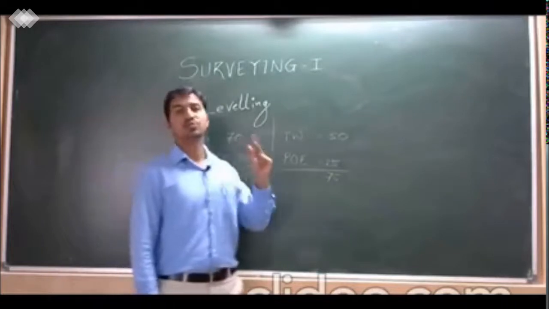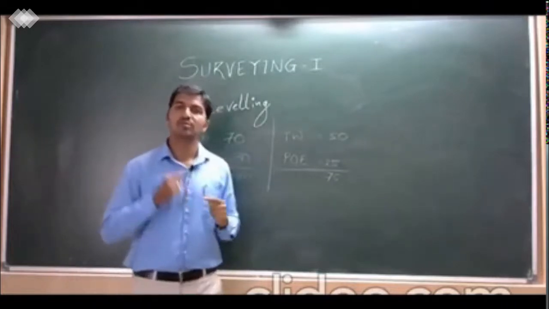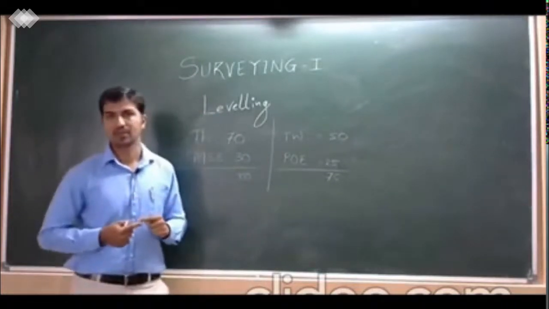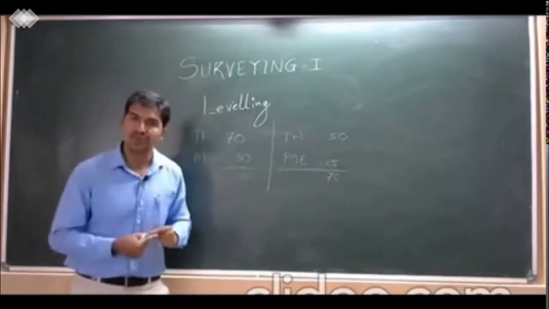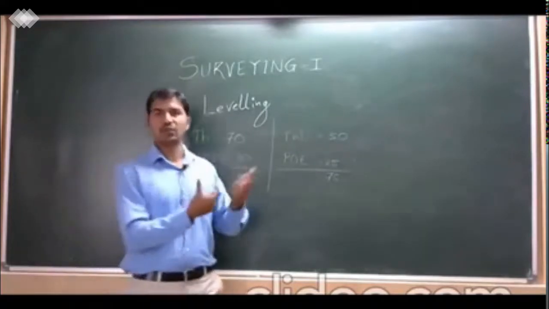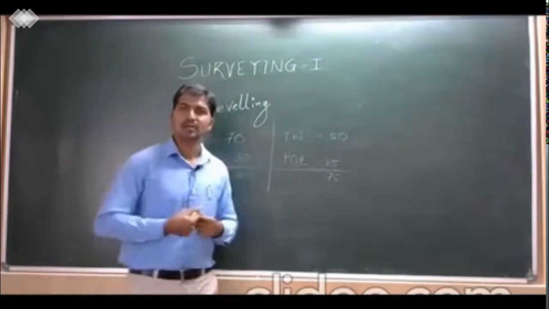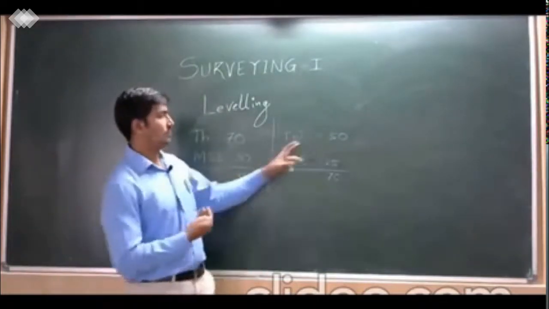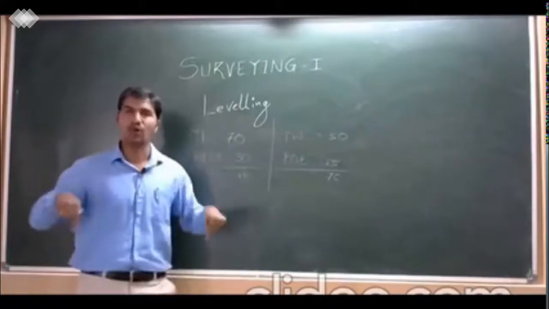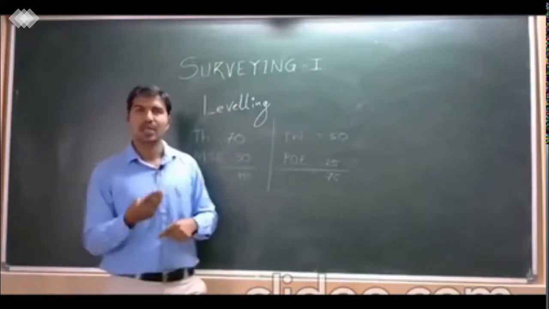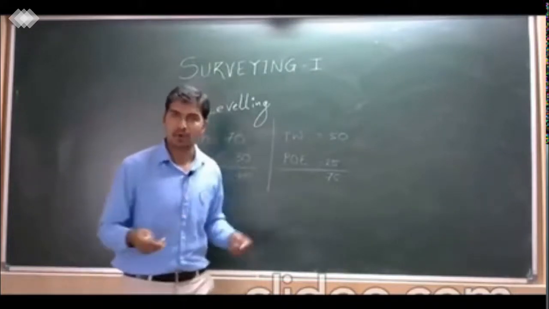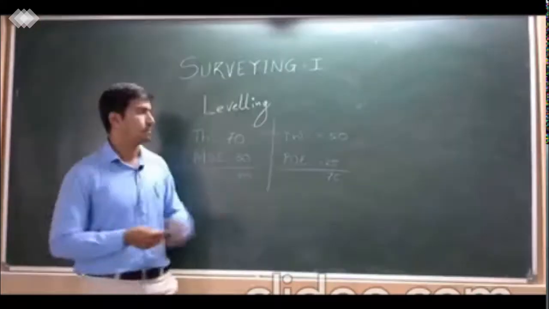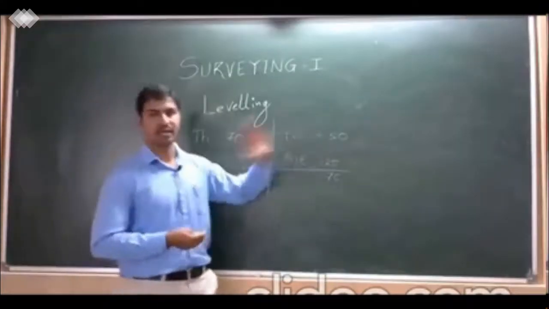Plus, we are having two projects, two field projects. We have to go on the field with the required instruments, surveying equipments, take the observations and prepare the map or prepare the drawings by using those data.